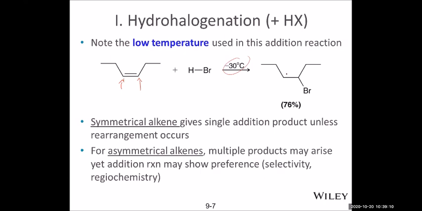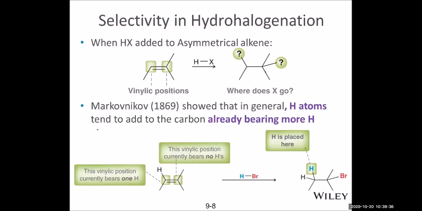If you have an alkene that's asymmetrical, which means you draw a line across the double bond between the left and right, and the substituents are different, we should get two different products. And there's a rule to predict it. We do have one major product.